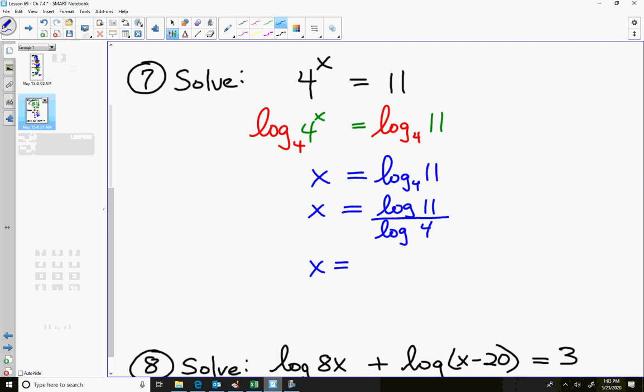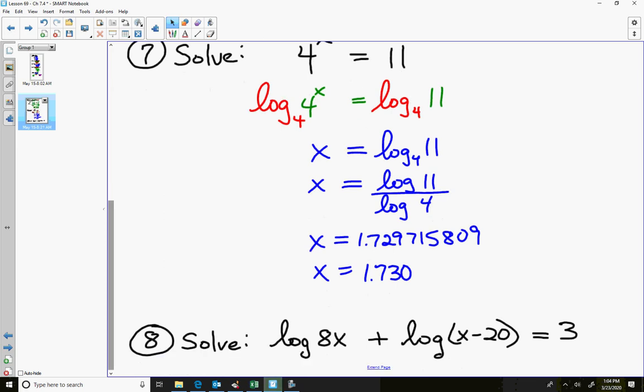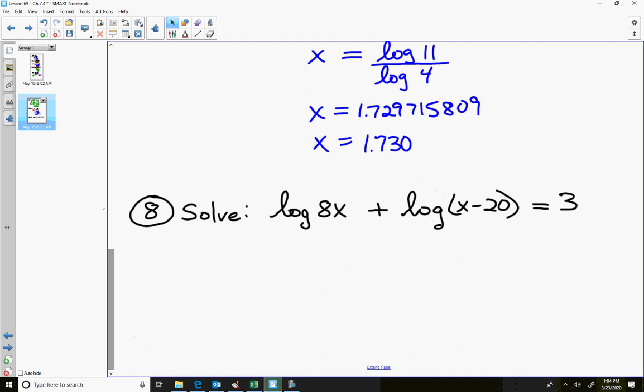X is 1.729715809. So, rounding to 3 decimal places, it is approximately 1.730. Now, this time, our question was an exponential equation, so there's nothing to really even have to check with that. It's only with logarithms that the argument must be positive.